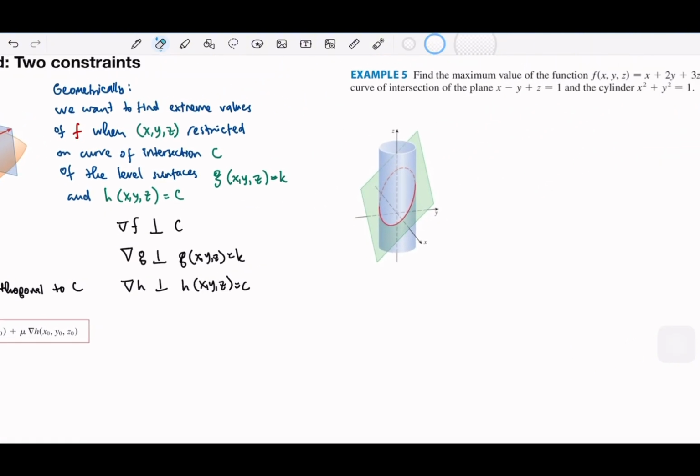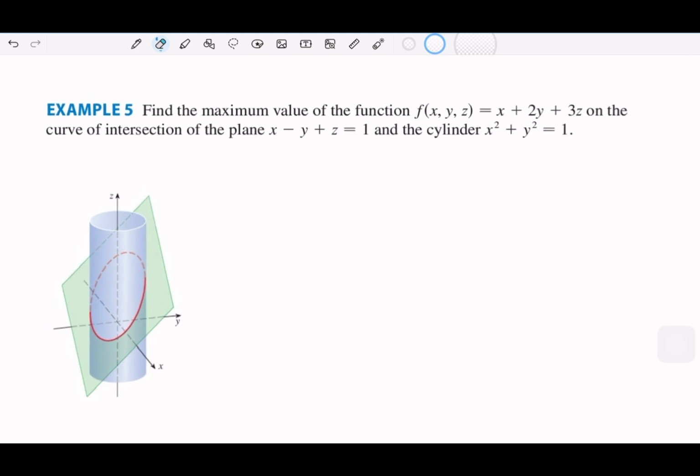So suppose that we have a function and two constraints that are going to intersect with one another: the plane x minus y plus z equal 1, and x squared plus y squared equal 1. Those are the two restrictions, or two constraints.